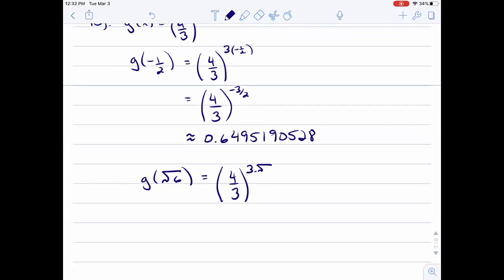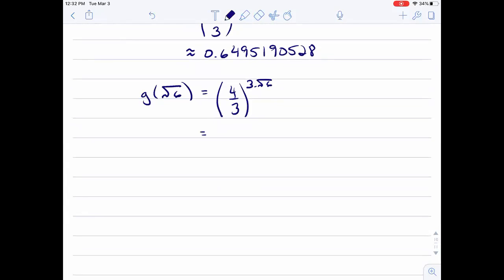You can leave it as it is, or you can simplify it if you want to, but I'm just going to leave it as it is because I'm just plugging it into my calculator, putting 4/3 in brackets to the power of, and then brackets 3 times the square root of 6, and then close the bracket. Good. And I get an approximation here, so I'm going to use roughly equals 8.281489611.